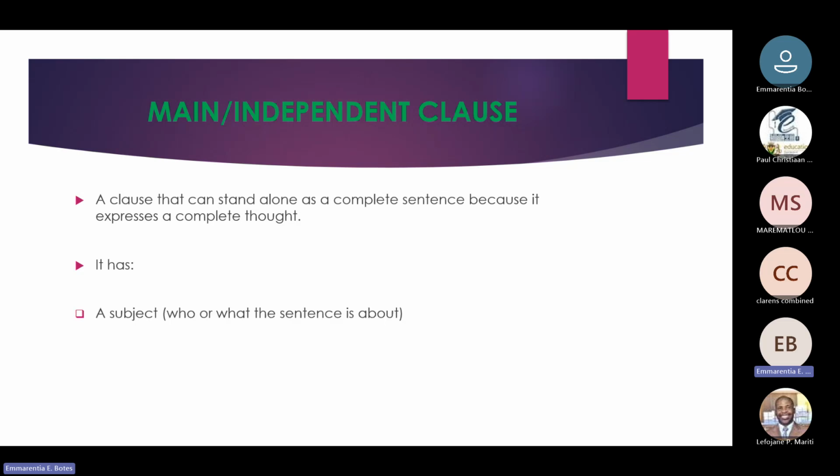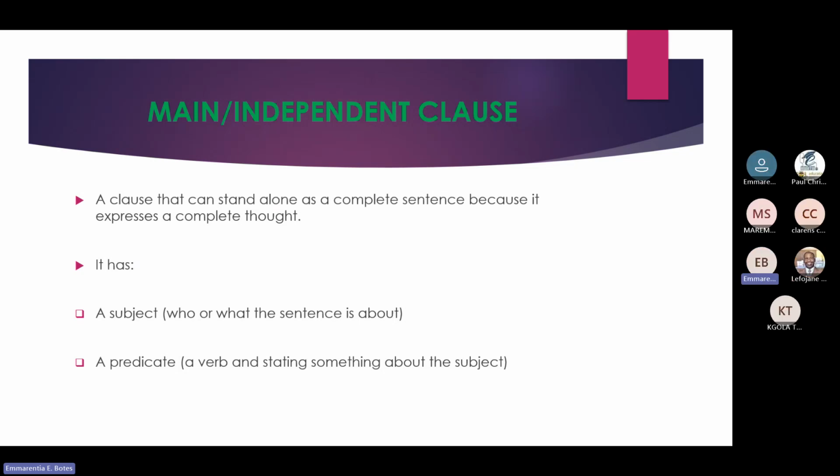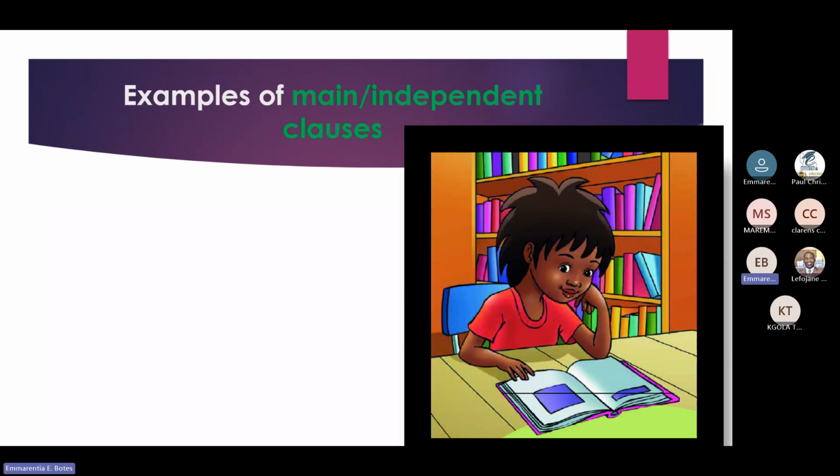The features of this clause: it has a subject, who or what the sentence is about, and then a predicate. The predicate is the verb and the rest of the sentence stating something about the subject. If we look at this example of the main or independent clause, Mpo loves reading.